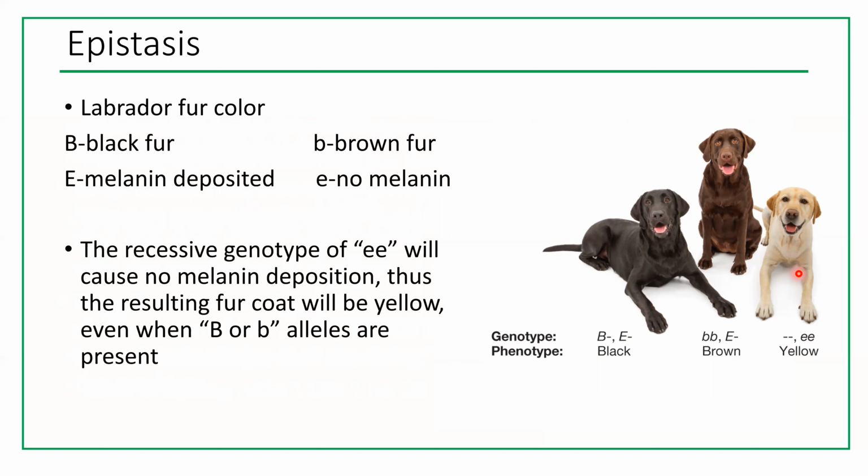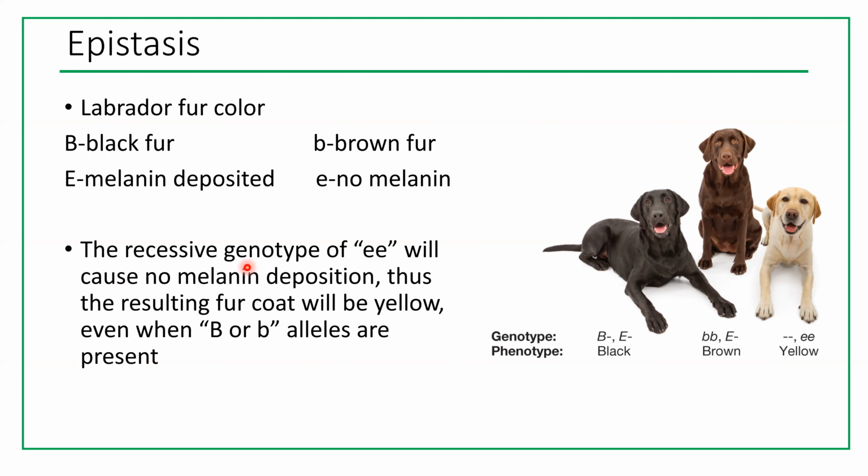Now, if this dog has little e, so no melanin deposition, it doesn't matter what the first two alleles are. It can be big B. So maybe this dog is homozygous for black color, big B, but because of these epistatic alleles, they inhibit the melanin allele, and the outcome will be a yellow Labrador.